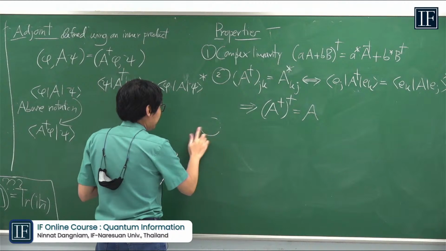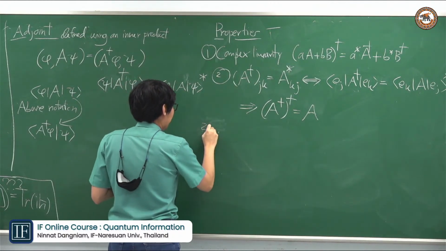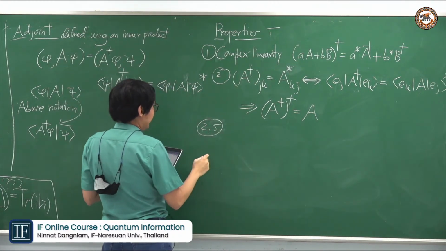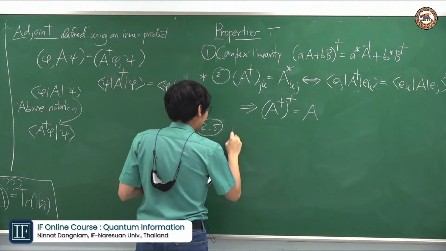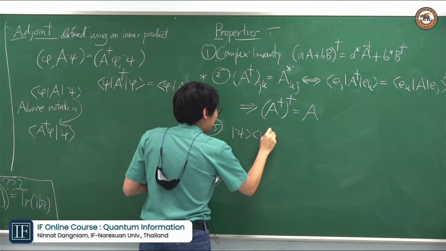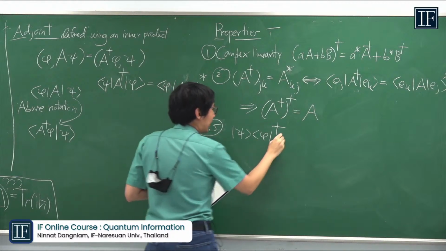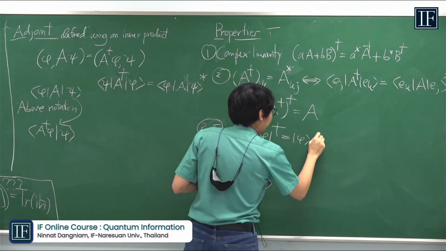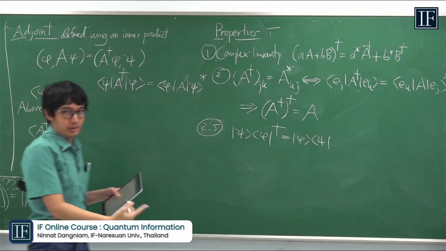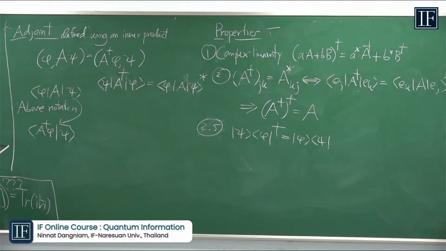Well, maybe let's say 2.5, because it's actually the same. That if I have an outer product and I take the dagger, then it's just switch the two in the outer product.